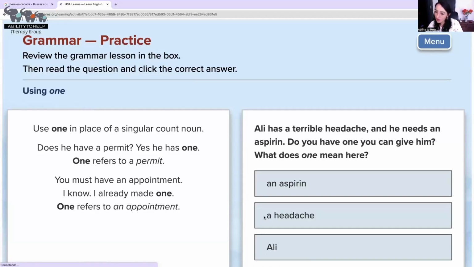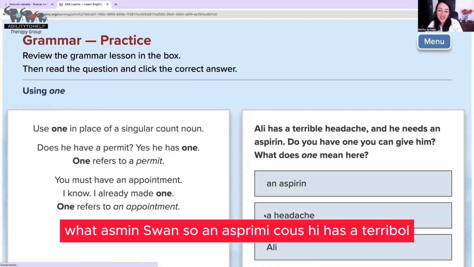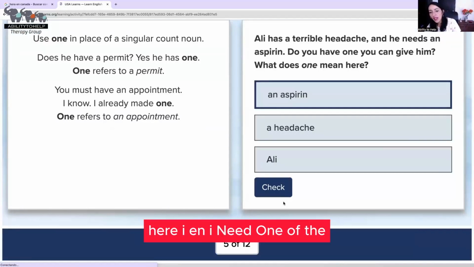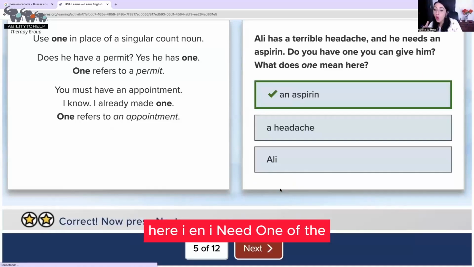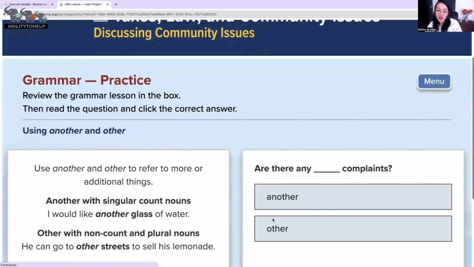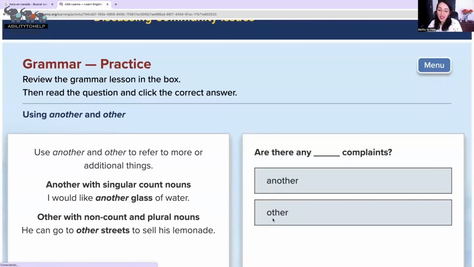You can give him. What does one mean? An aspirin, because he has a terrible headache and needs one of them. It's like in Spanish.